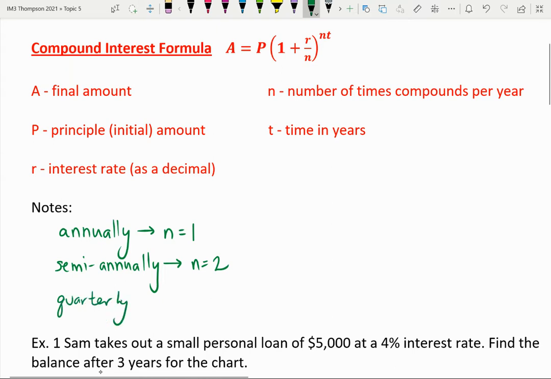If you're a business owner, you very oftentimes do your taxes quarterly. And quarterly is going to mean 4 times a year. So N is the number of times it compounds per year. How many times a year does that happen based on these descriptors?